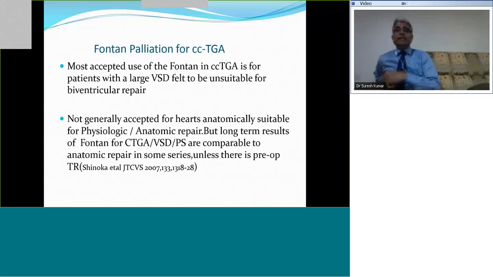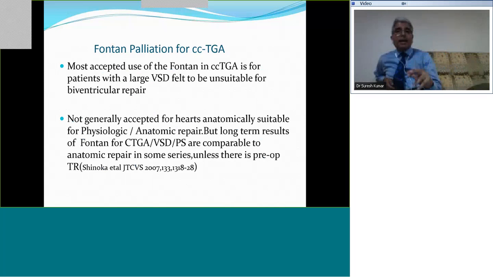And Fontan does have a role in CCTGA. It is definitely indicated when there is a large VSD which is felt to be unsuitable for biventricular repair because of straddling, one ventricle being hypoplastic. But with anatomy suitable for physiologic and anatomic repair, should you do Fontan in those patients?